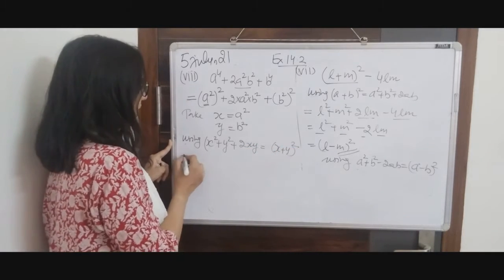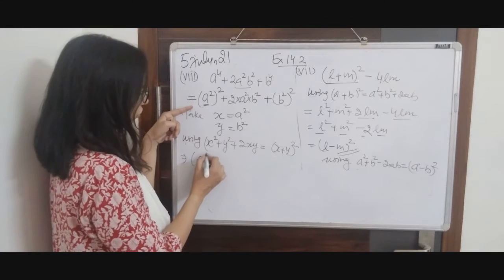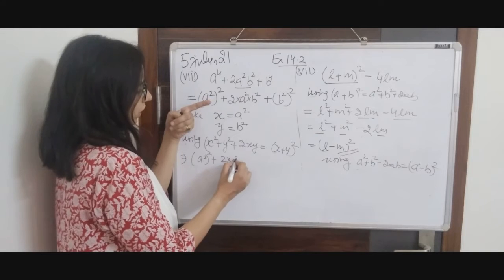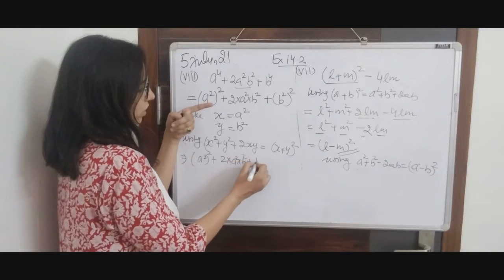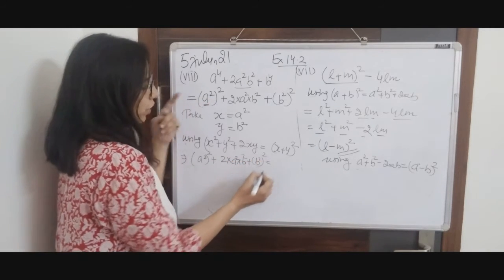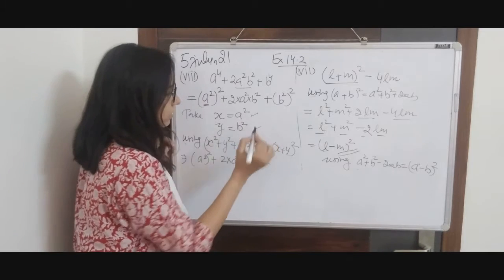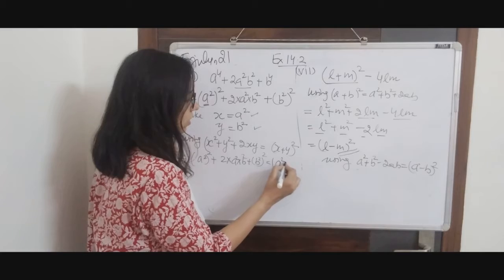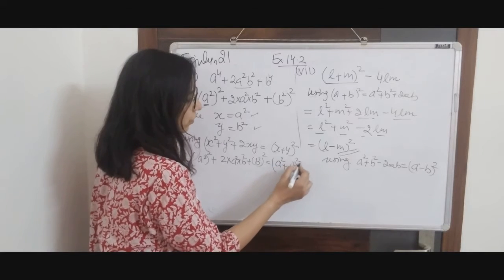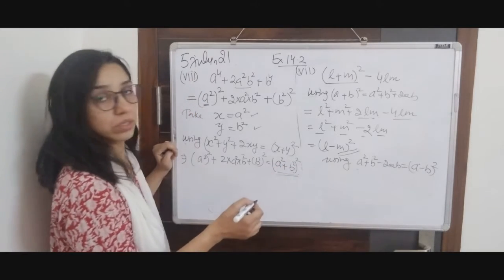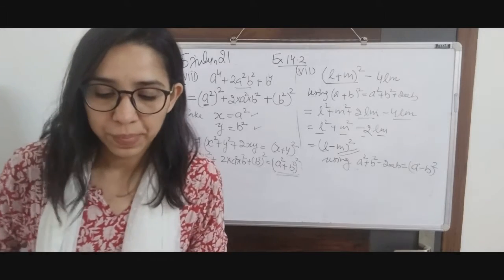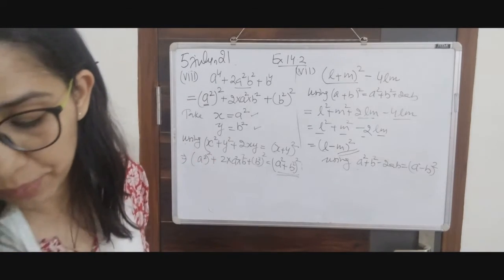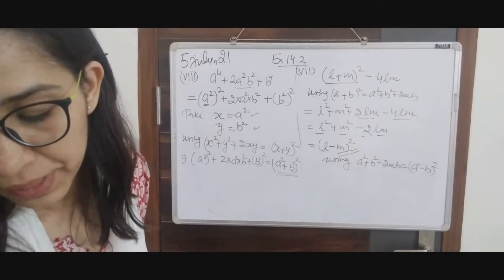Okay, implies your given expression, which was A⁴ plus 2A²B² plus B⁴, will be equal to (x plus y) whole square, which is (A² plus B²) ka whole square. So this is our factorization. We did factorization. So now we are going to move to question number 2, part 1.